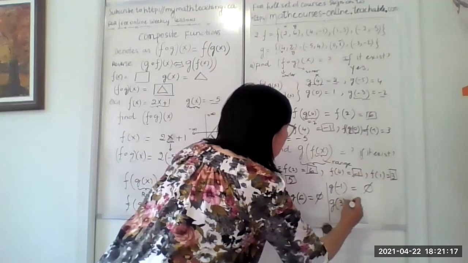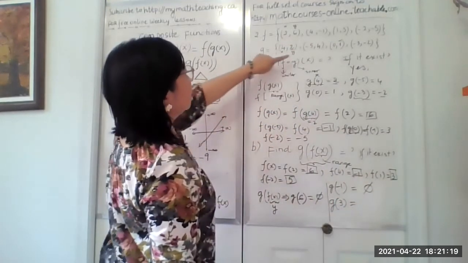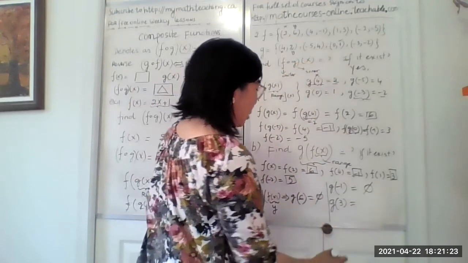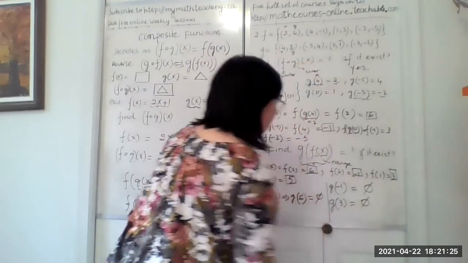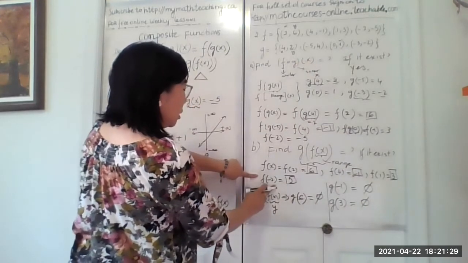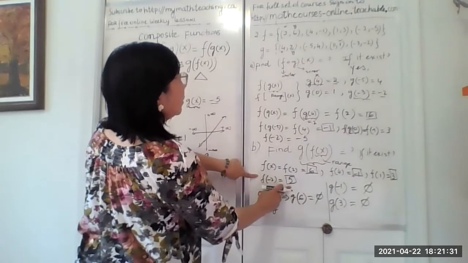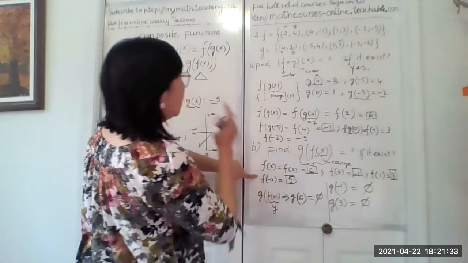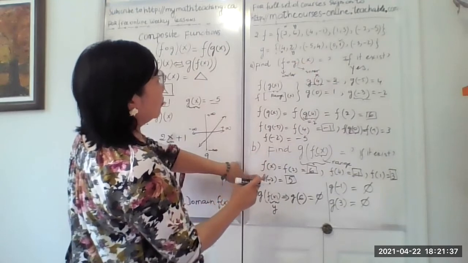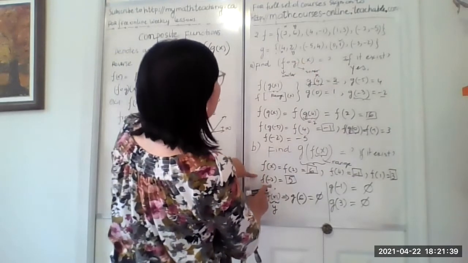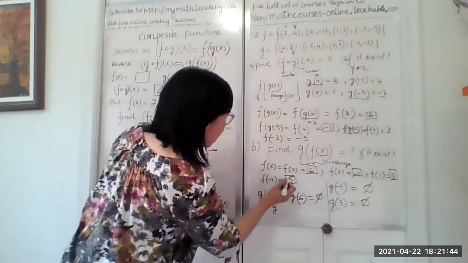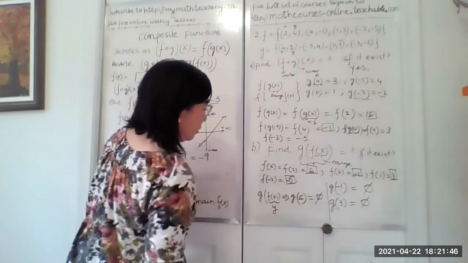For g of 3, we have minus 3, but we don't have 3. So again, this is an empty set. What else do we have to find? f of minus 2. f of minus 2 is minus 5. Sorry, it's my mistake. So this is minus 5, right?